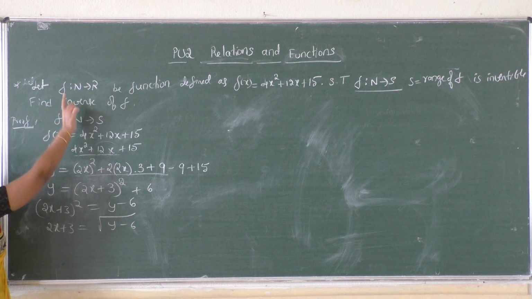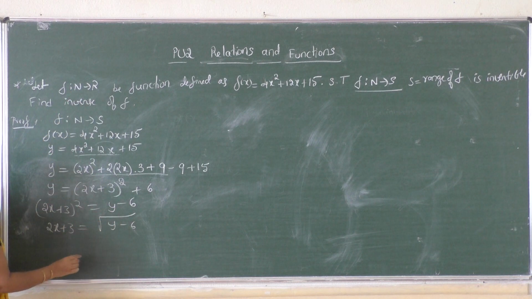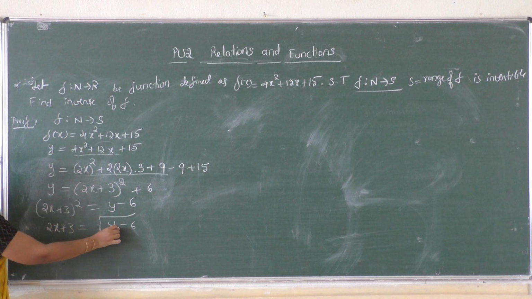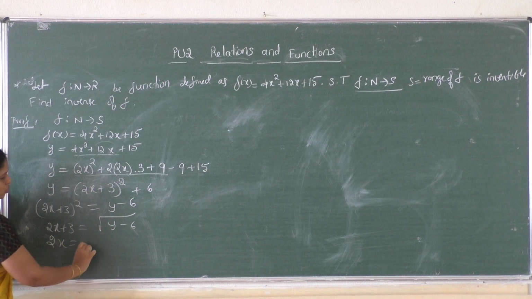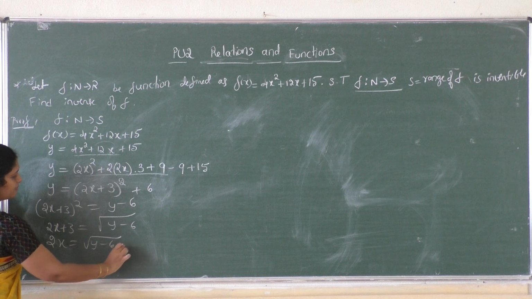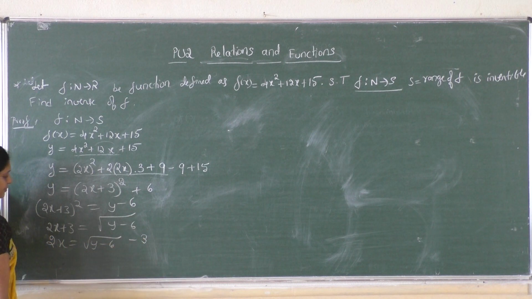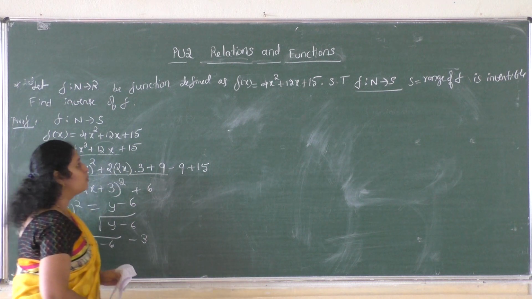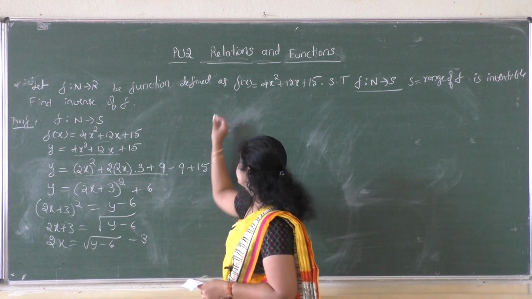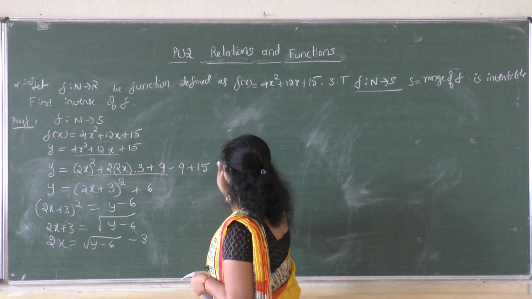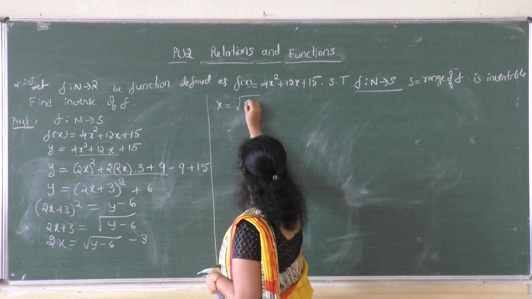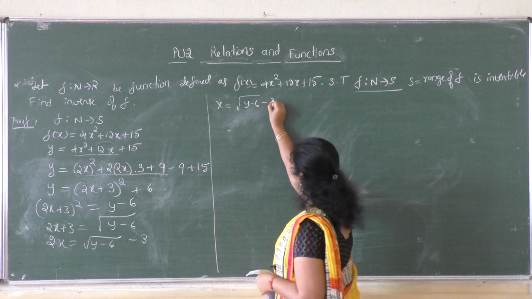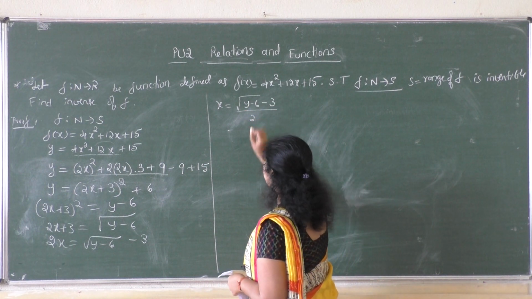Only natural numbers, elements of the domain set. 2x plus 3 is root y minus 6. Then what is 2x? 2x is equal to root y minus 6 minus 3. Then what is x equal to? x equals square root of y minus 6, minus 3, divided by 2.